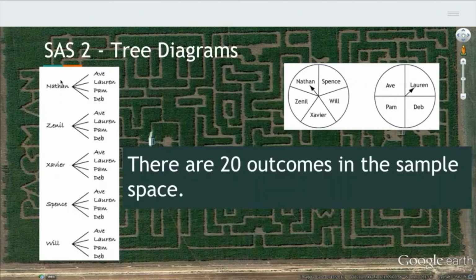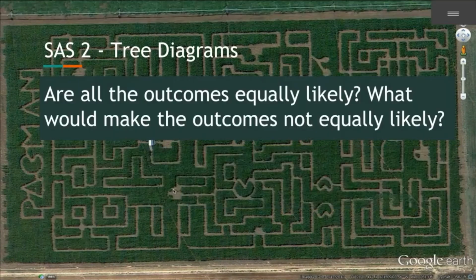So Nathan can take any of the girls. Zeno can take any of the girls. Xavier can take any of the girls. Spence can take any of the girls. Or Will can take any of the girls. So there's 5 selections of guys, and there's 4 selections of girls. So 5 times 4 is 20 total outcomes.